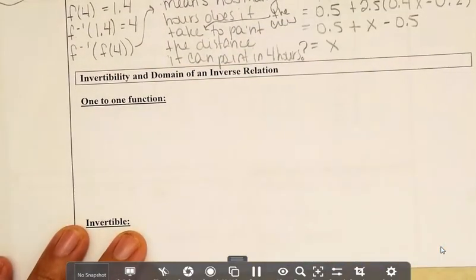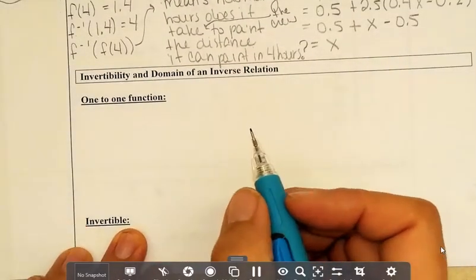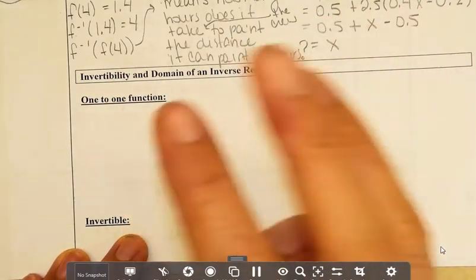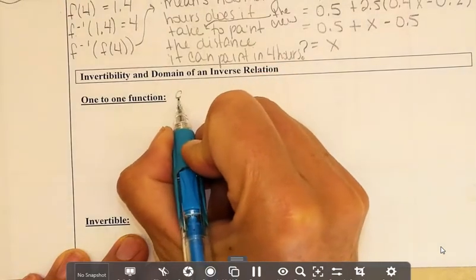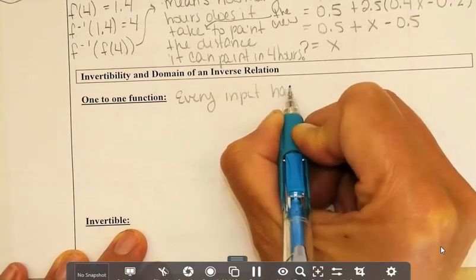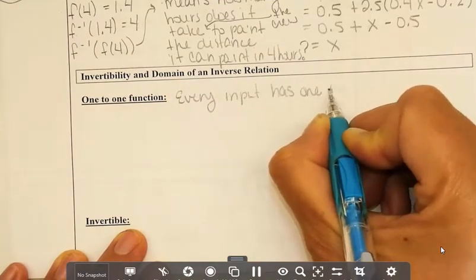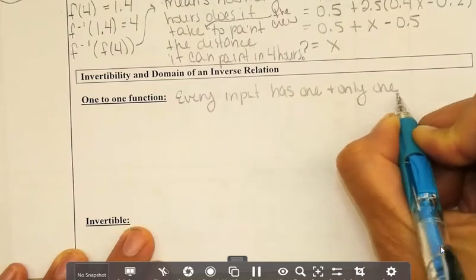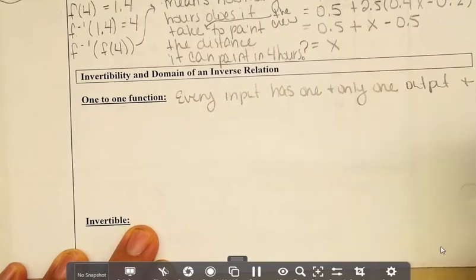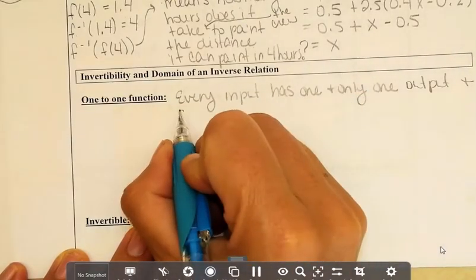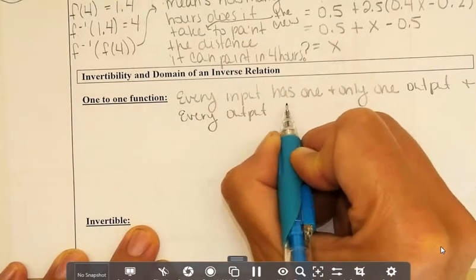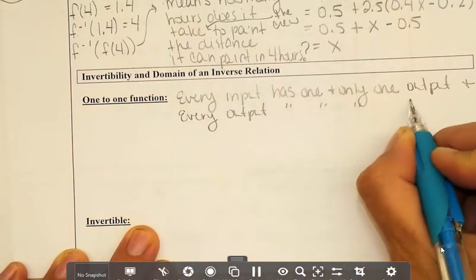So here, to be a one-to-one function, both the original and the inverse have to be functions. So we can say that every input has one and only one output, and every output has one and only one input.